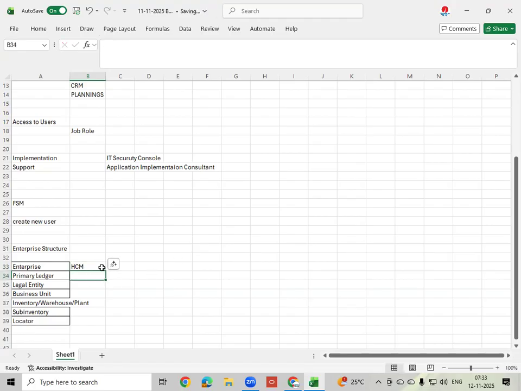And the primary ledger, obviously the financial consultant. He will completely configure the primary ledger, but he will provide the details to other team members. So these are the primary ledgers created. And the legal entity also, financial, and may involve discussion with HCM and supply chain management.